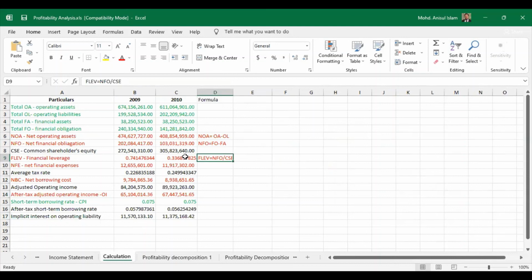That is the conventional measure. But here we are taking the net financial obligations and dividing this number by CSE, or common shareholders' equity.